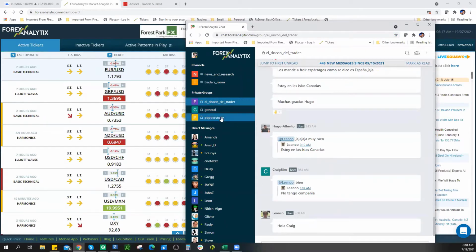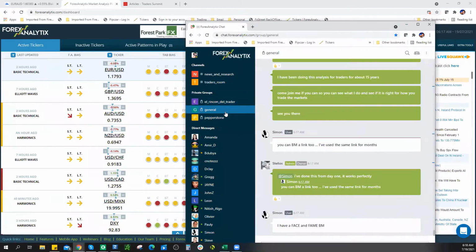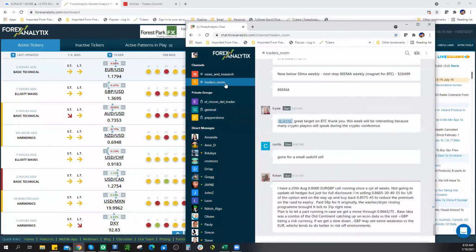We have a Pepperstone chat room that none of you will be able to see, because we disengaged it, but it's still on my screen, though it's not used. You'll notice here where it says traders room, it should say trade room. We're getting this adjusted today.